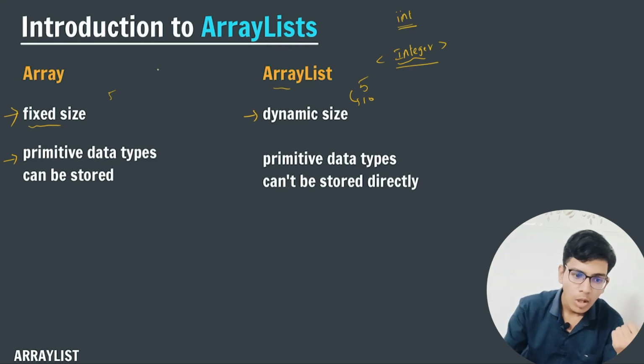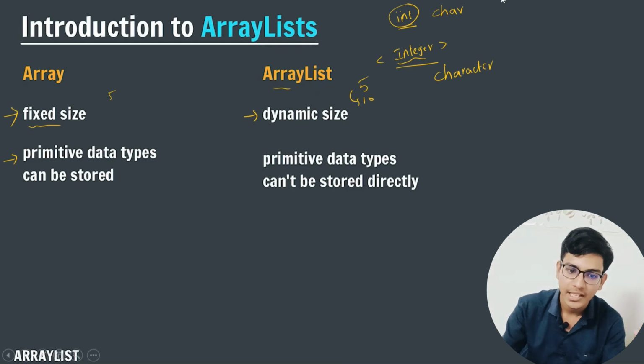To implement an array we used to write int. If we want to implement a character array, we used to write char, but here we will write Character. This is the only difference. If I want to implement a boolean value, I need to write boolean in arrays, but here I need to write the Boolean class.